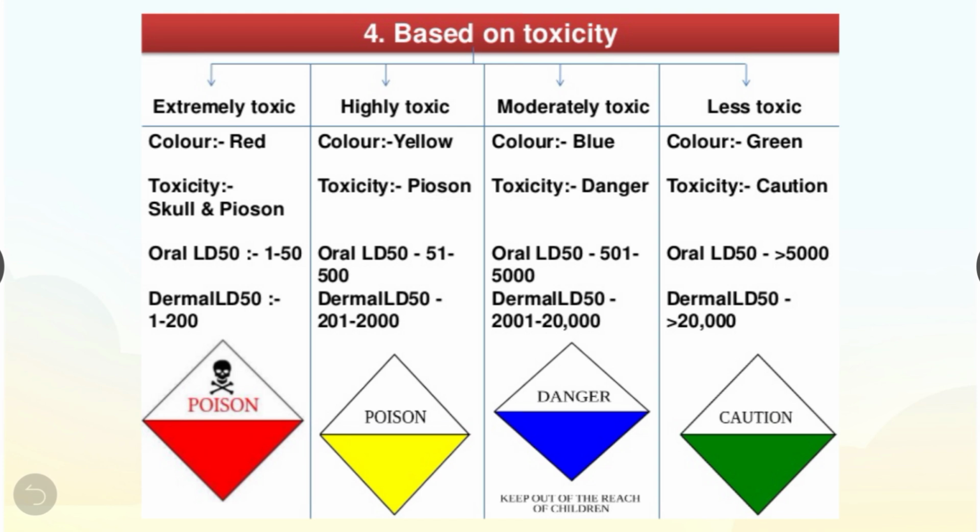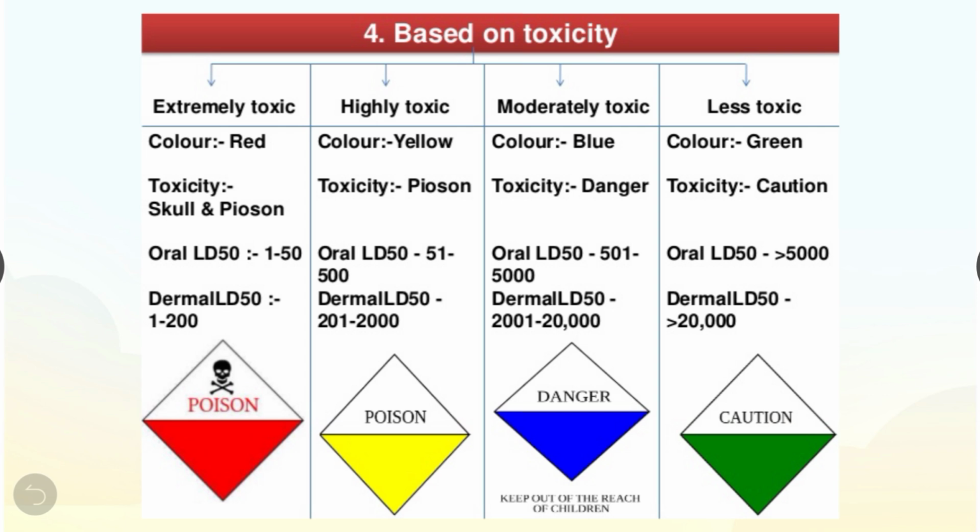Based on toxicity, the insecticide is divided into 4. Extremely toxic: color is red, toxicity skull and poison, oral LD50 value is 1 to 50, and dermal LD50 is 1 to 200. Highly toxic: color is yellow, toxicity is poison, oral LD50 is 51 to 500, dermal LD50 is 201 to 2000.